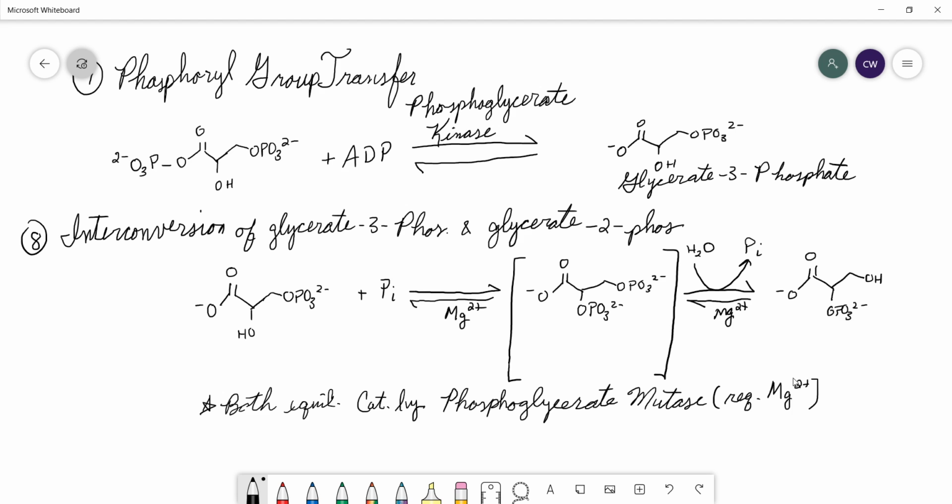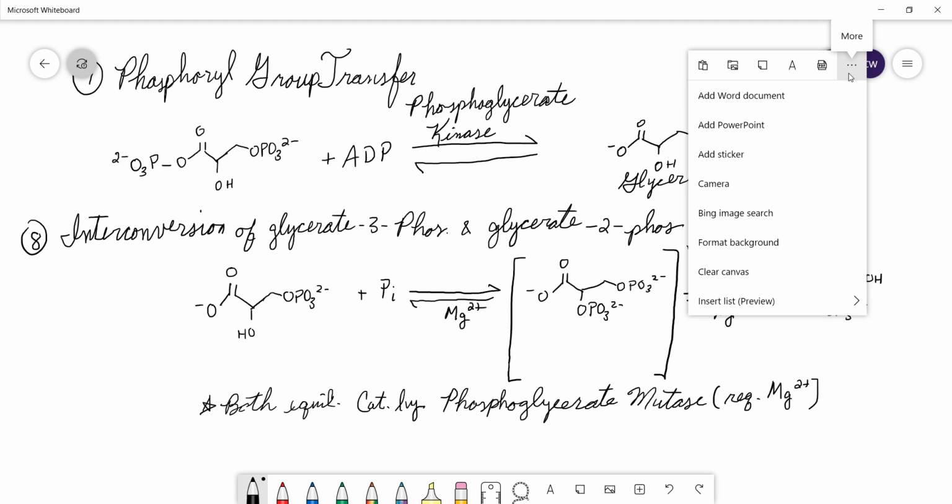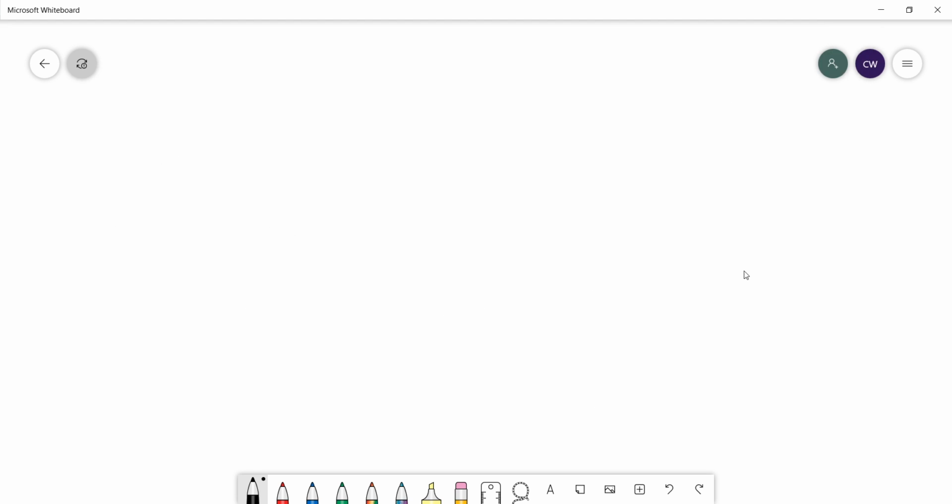Now, the next step here involves converting this into the equivalent of what would be an enol. All right. So let's go over that real quick. If you remember from organic chemistry, an enol is a molecule that has a double bond adjacent to a hydroxyl group.